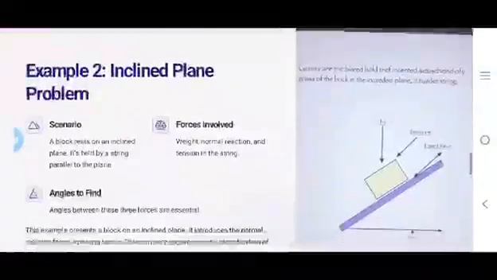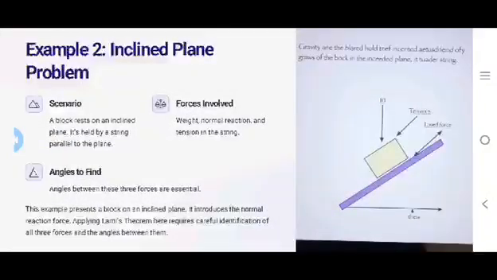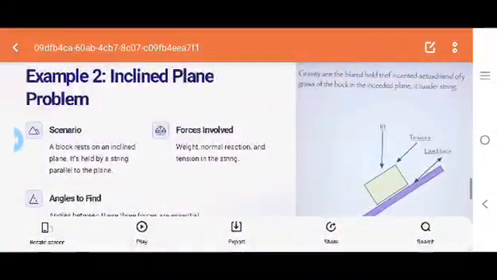The second example is the inclined plane problem. The diagram is given on the right hand side. A block rests on an inclined plane. It's held by a string parallel to the plane.